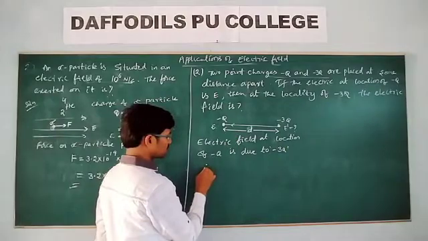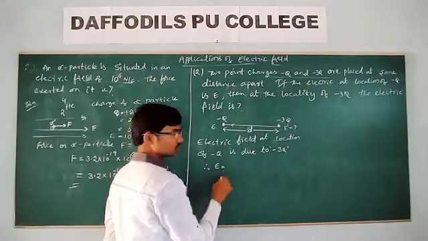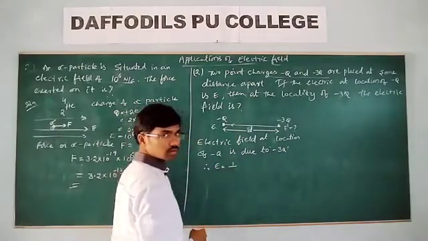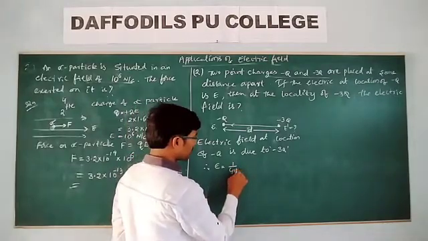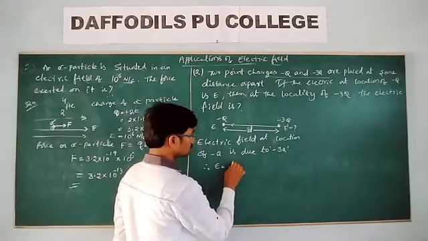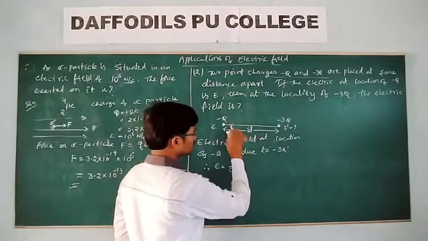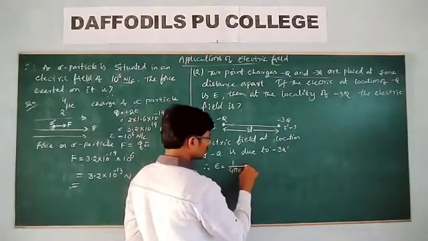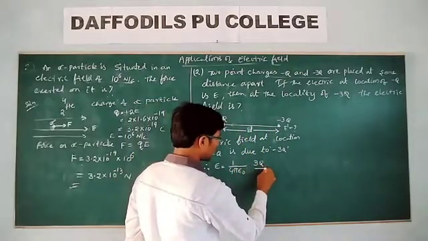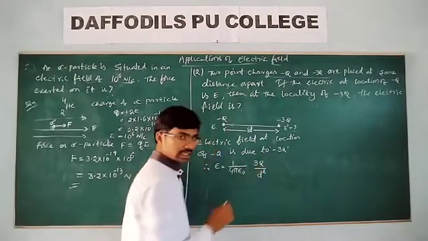Therefore E is equal to 1 by 4 pi epsilon naught into the magnitude 3Q by d square.